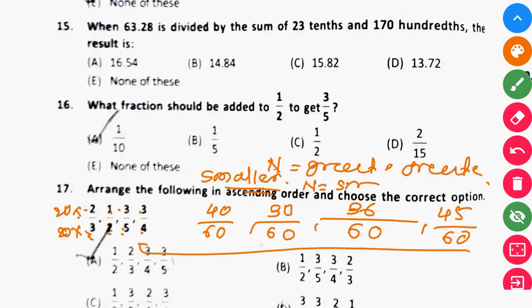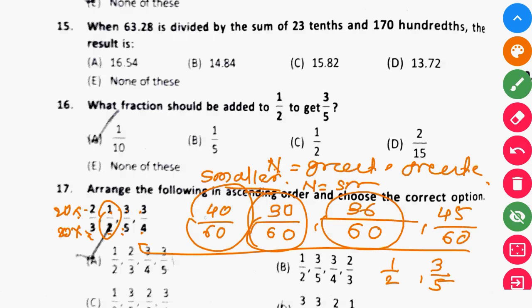The smallest numerator is 30 upon 60, meaning 1 by 2, so 1 by 2 will come first. Then comes 36 upon 60, meaning 3 by 5. Then 40 upon 60, meaning 2 by 3. And last, the greatest fraction is 45 upon 60, meaning 3 by 4. So this is your answer.